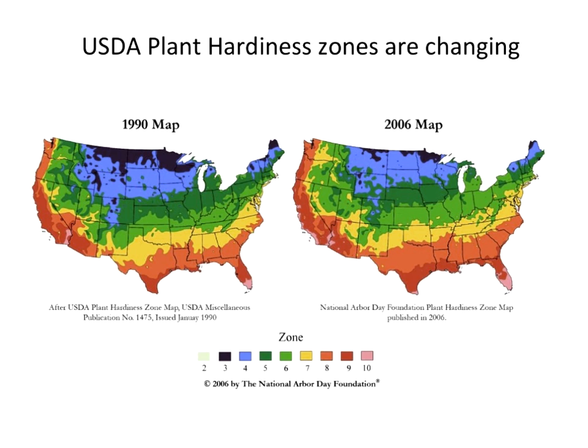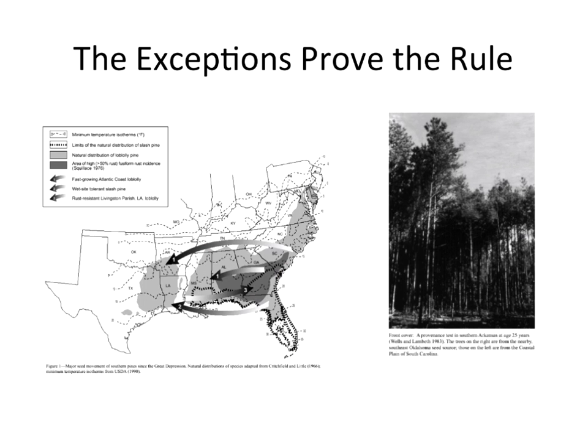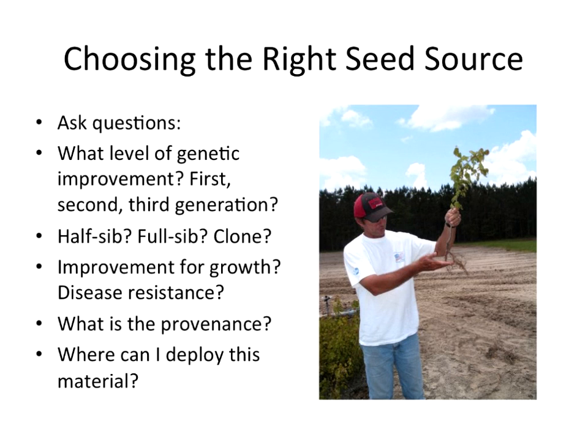So the PINEMAP project, which is a large regional climate change project in the southeastern United States, is looking at using data and predictions of temperature to help people understand how those seed deployment guidelines might change in the future as temperatures rise. I'm not going to talk about exceptions to those guidelines right now.